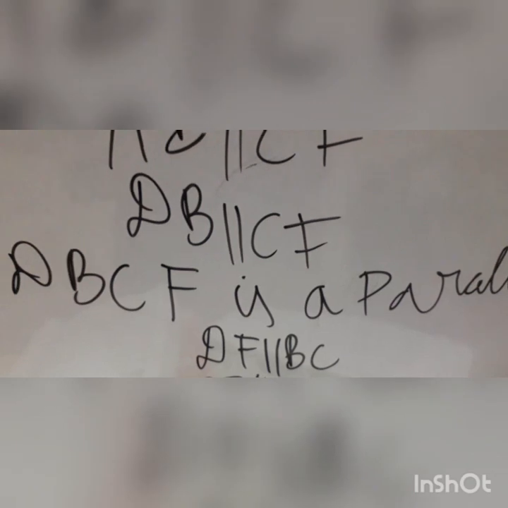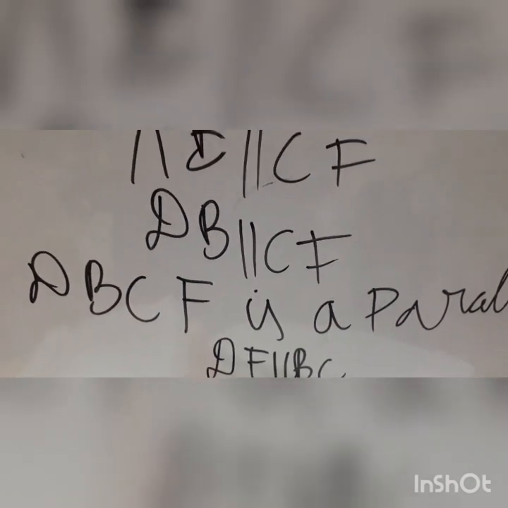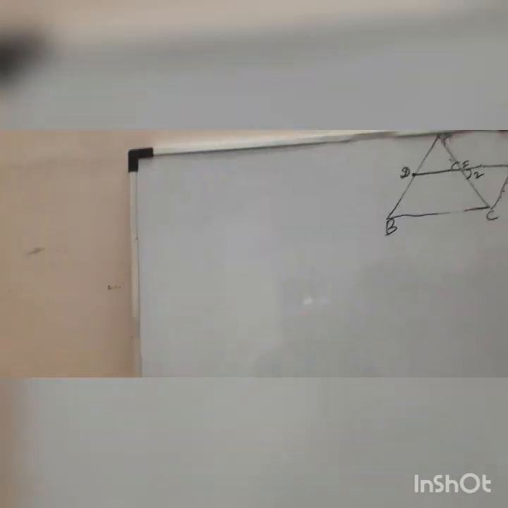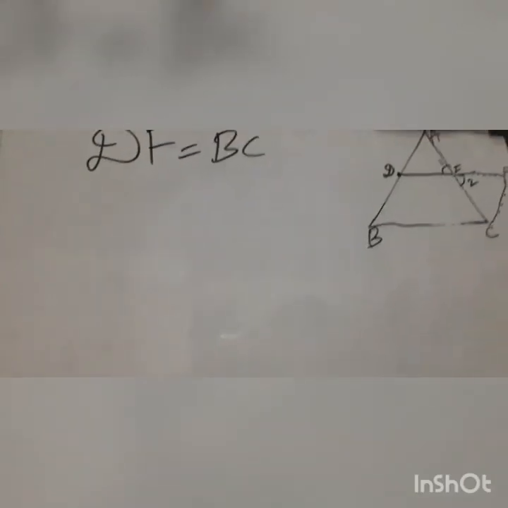Next we just have to prove that DE is equal to half of BC. So we know that DBCF is a parallelogram. Next we should say that DF is equal to BC because a parallelogram has a rule, right?